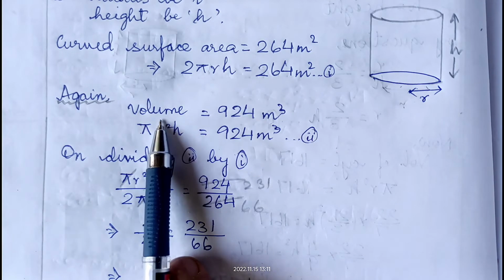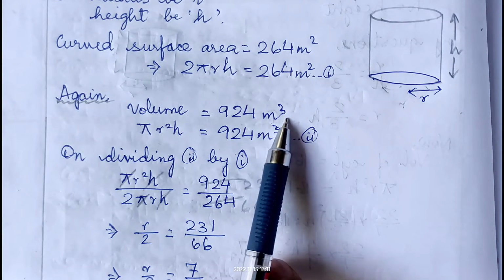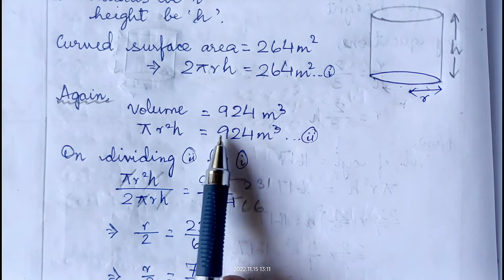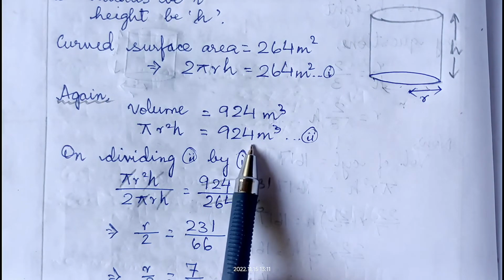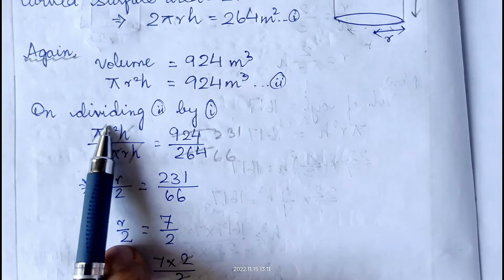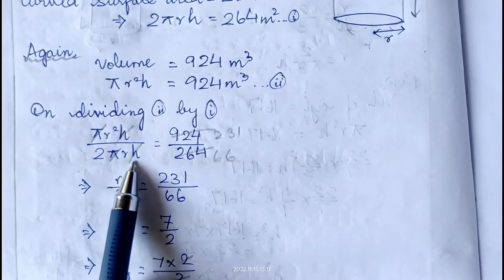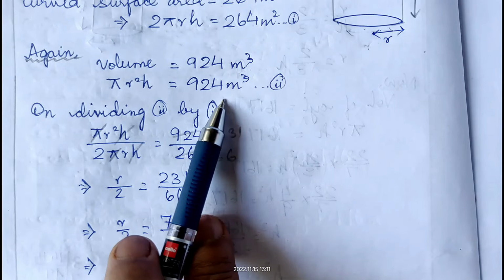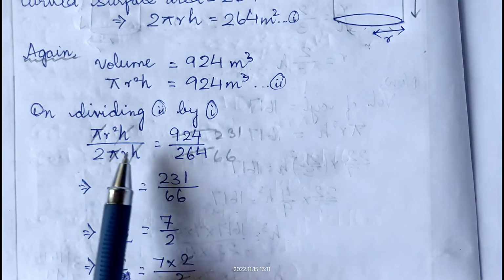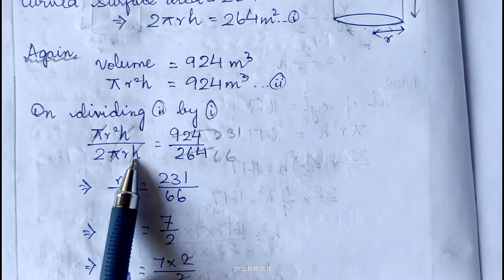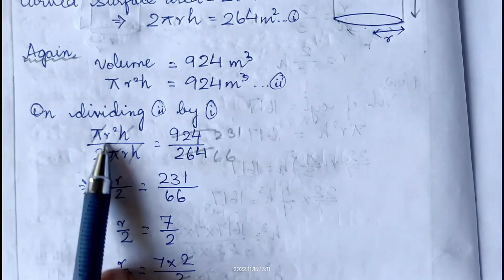Again it is given the volume of the cylinder is 924 meter cube. So pi R square H is 924 meter cube. Let it be equation number 2. Now if I divide equation number 2 by equation number 1, it will be pi R square H by 2 pi RH equal to 924 by 264. Now pi can be cancelled, H can be cancelled, one R can be cancelled.